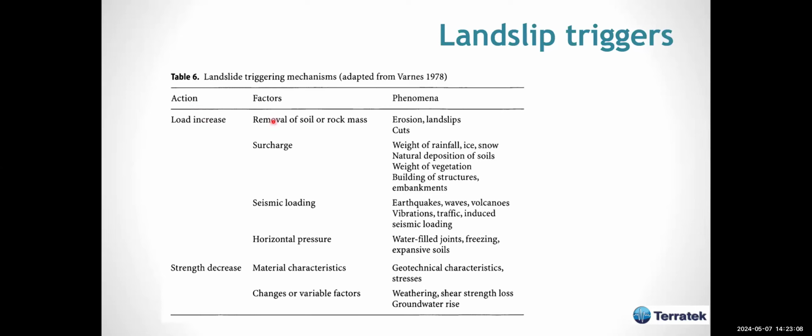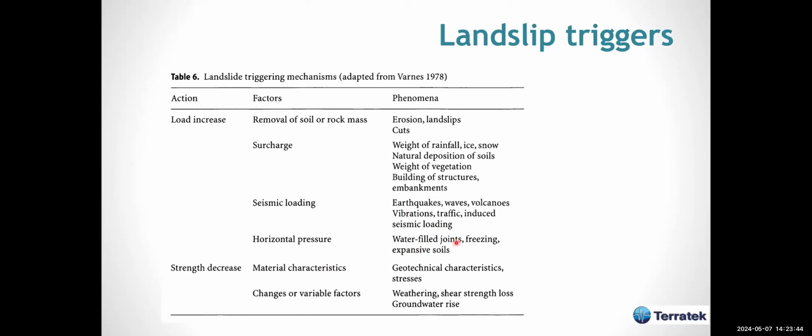Action: load increase by removal of soil or rock mass; surcharge, seismic load, horizontal pressure; strength decrease, material characteristics, change of variable factors. And the phenomena associated with that: erosion, landslip cuts, weight of rainfall, ice, snow, natural deposition of soils, weight of vegetation, building of structural embankments, and seismic load: earthquake, waves, volcanoes, vibration, traffic, induced seismic loads.